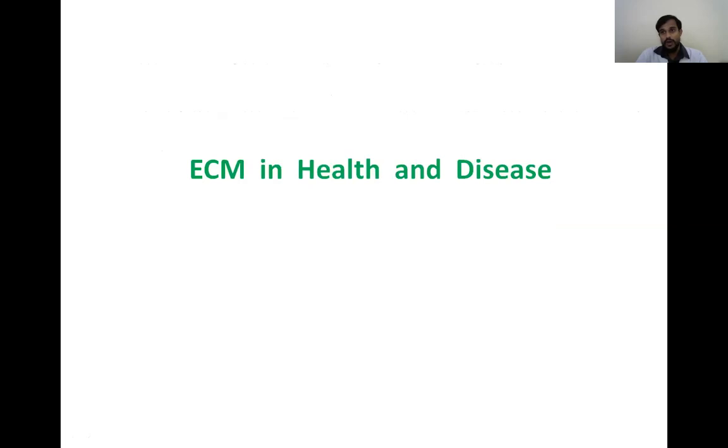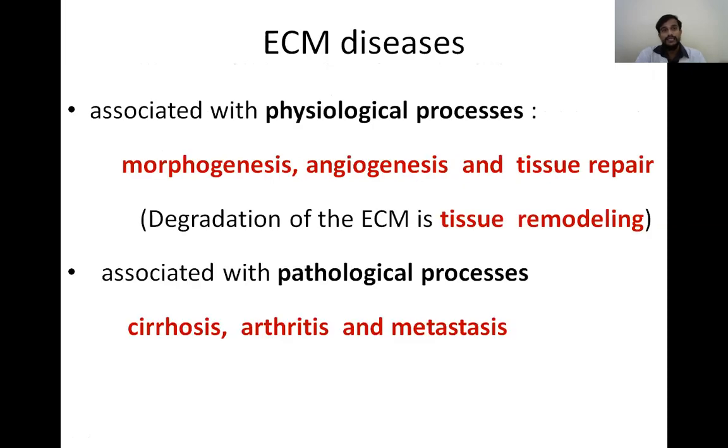And we had seen the components and functions of the extracellular matrix, and now we are seeing the relation of extracellular matrix in health and disease. So the extracellular matrix is associated with the physiological process and also with the pathological or disease process.